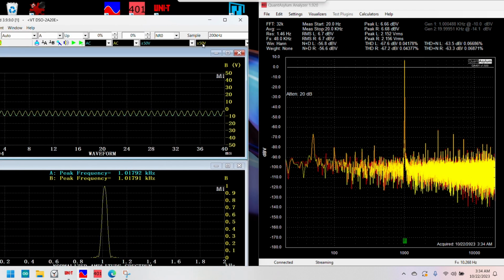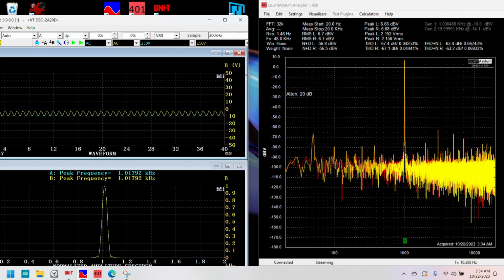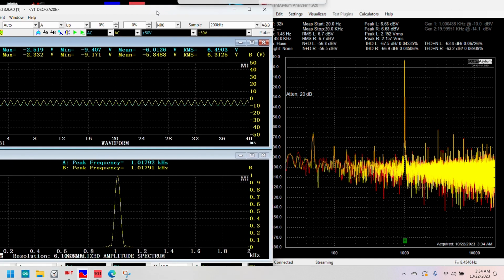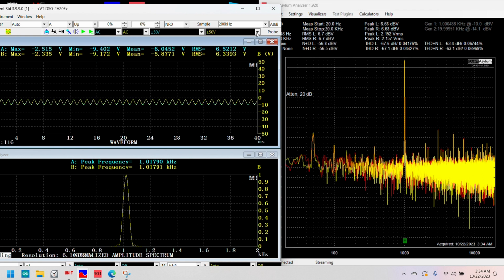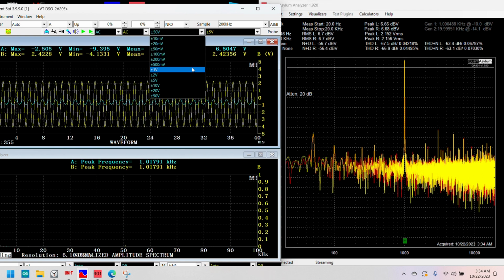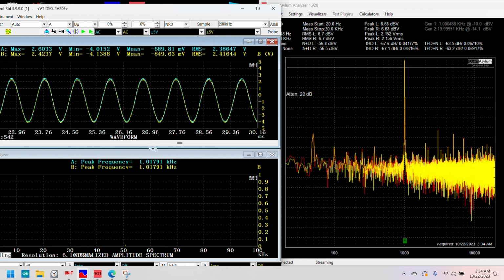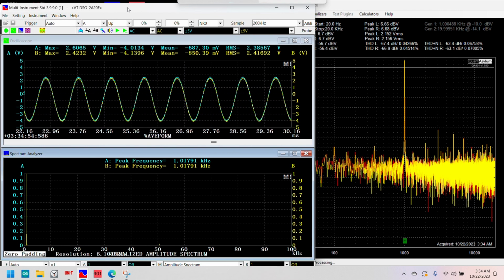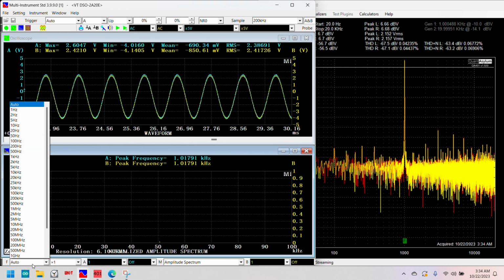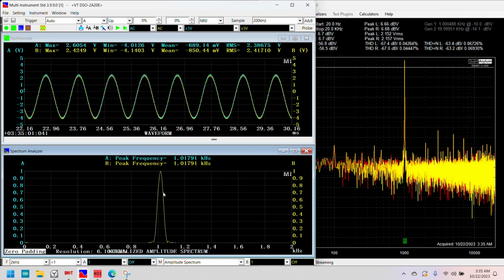You see a little bit of the difficulty in using the PC-based equipment. That's why I need the patience in here. I'm going to put that one into 5, and that is also 5. And there you go. And I'm going to put that into the spectrum. It's auto, so I'm going to put that into 2 kilohertz.